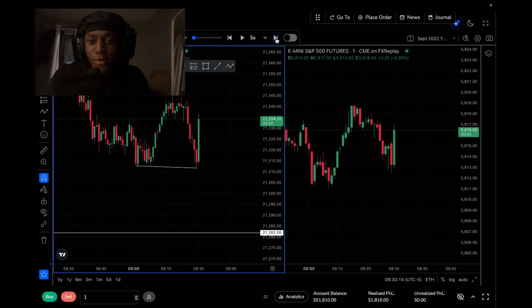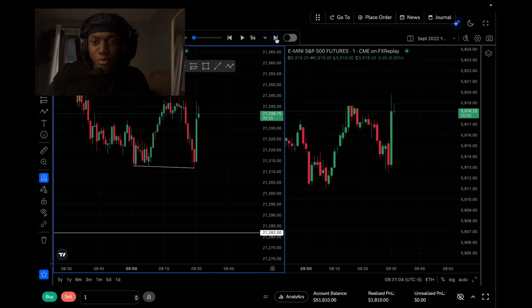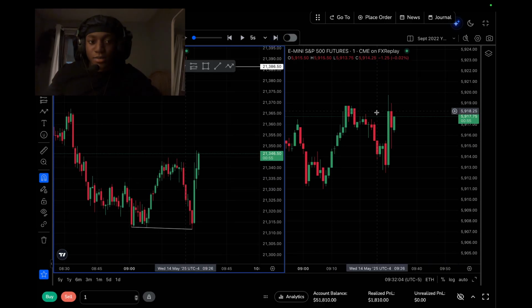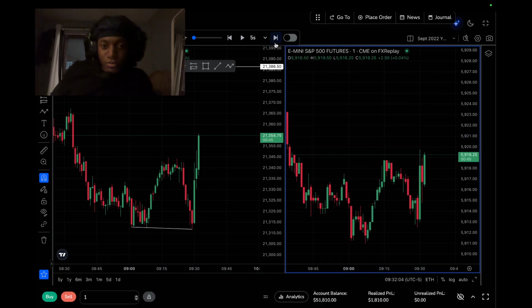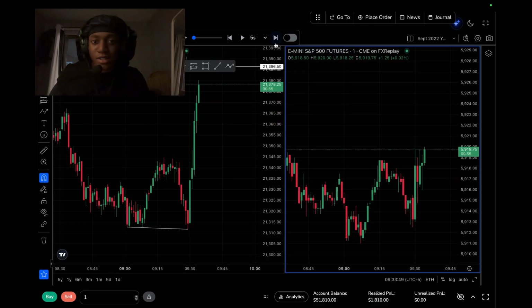Okay, market open, rebalance. Manipulation of those highs. Very strong candle there. Manipulation at these highs again.